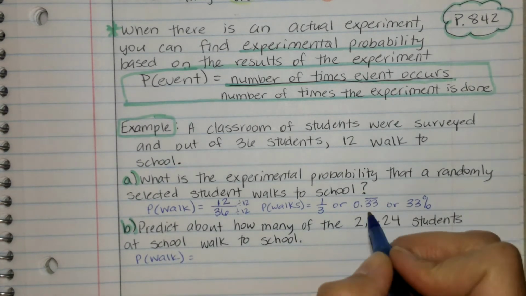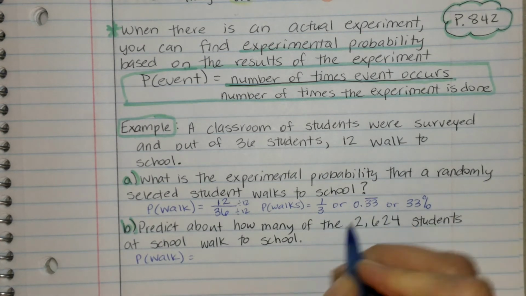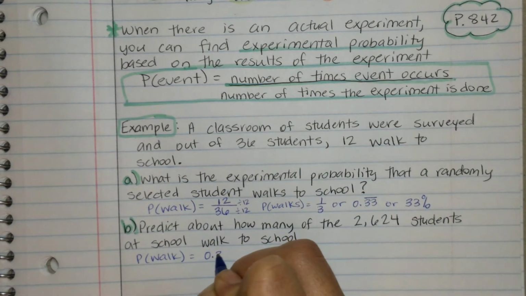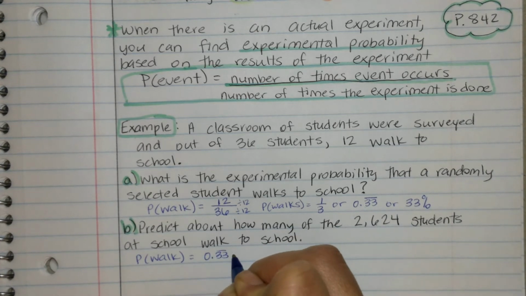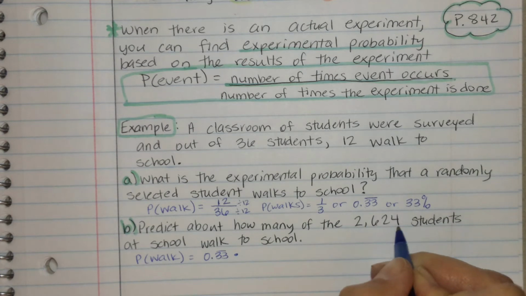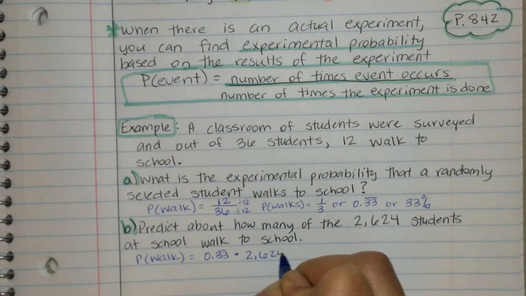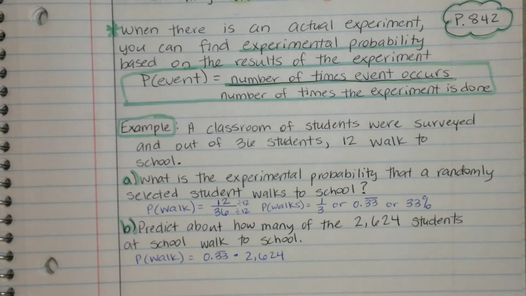So I would use my 0.33 or 1/3, whichever one you prefer, but I think we mostly prefer decimals. 0.33 repeating, and then multiply that times the total number of students in school, 2,624. I picked this problem because you'll have one like this in your Math Excel. So just so you know, this is how you do it.